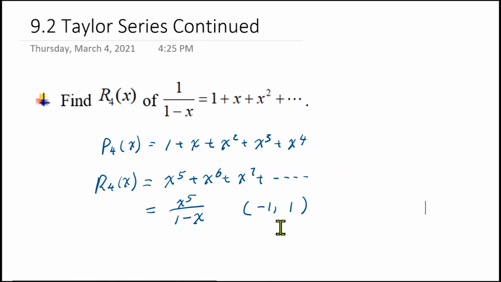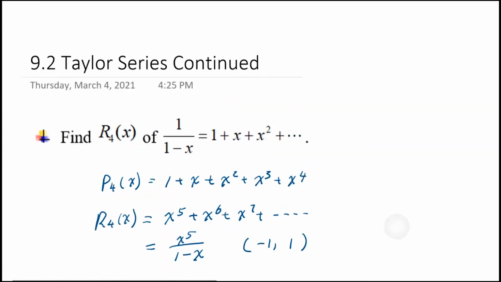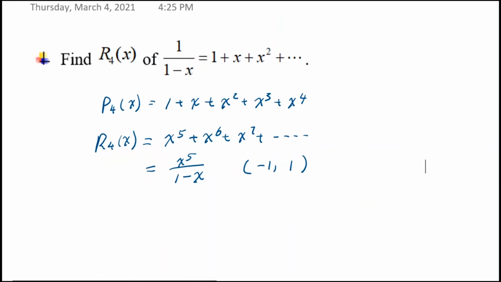Now, one thing to note, because later, this one is easy because we got lucky. This is a geometric series, but a general Taylor series does not look like this, right? A general Taylor series looks like this. There are coefficients, right?